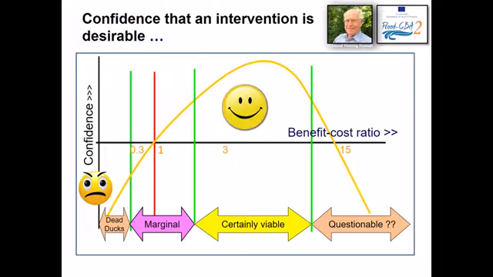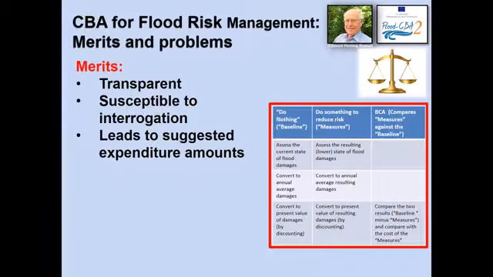On the other hand, if you get a benefit-cost ratio of 3.0, you can be pretty confident that this is a good scheme. It's certainly viable. If we move to higher benefit-cost ratios, then we have to think carefully about whether we've made some mistakes or some other thing is affecting that result, because that result, generally speaking, is very high.